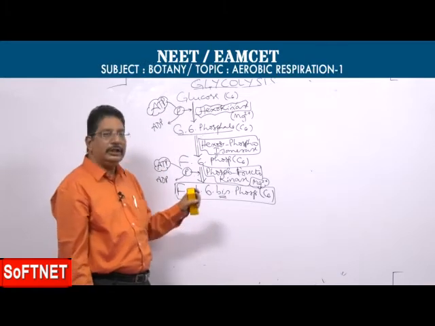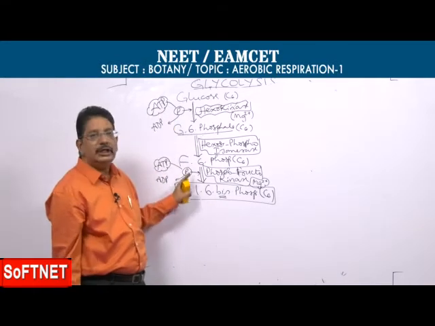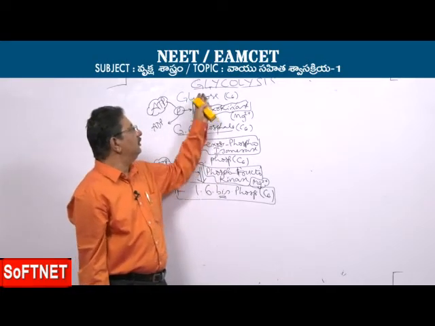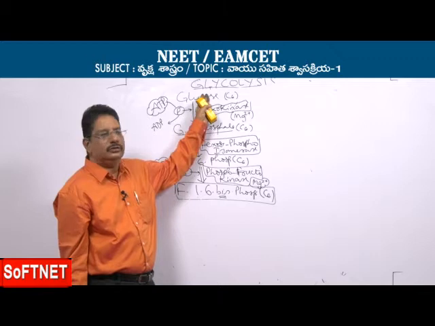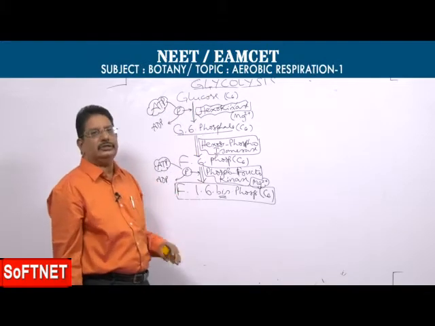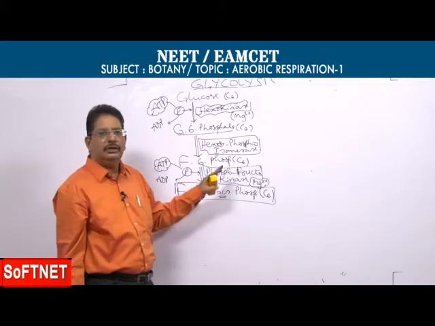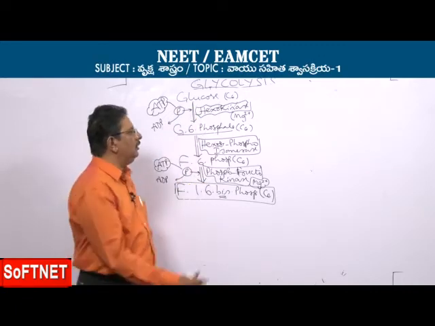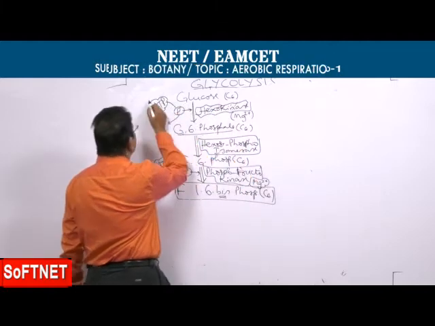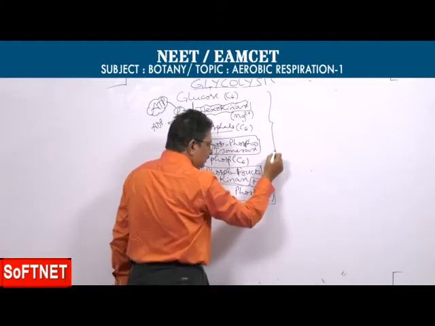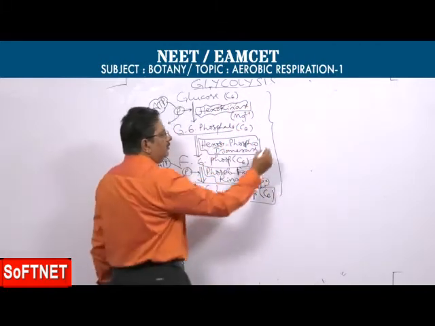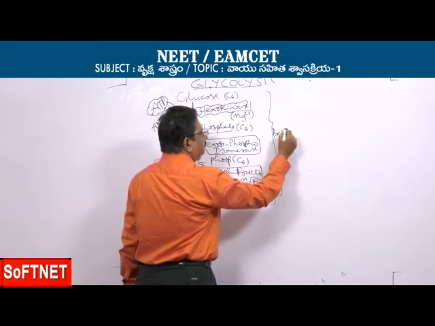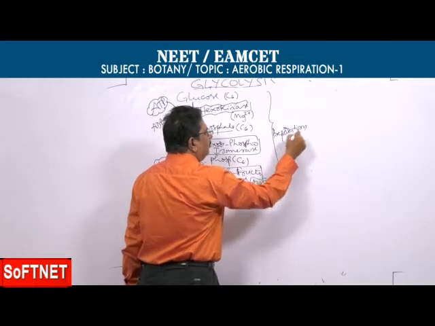So, the cell also invests 2 ATP molecules for extraction of energy locked in glucose. So, ATP is utilized in the first 2 steps, that is the first step and third step. And so, scientists named these reactions the preparatory phase.